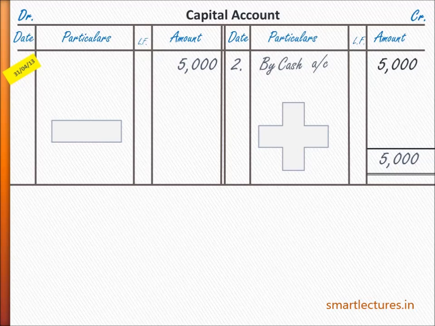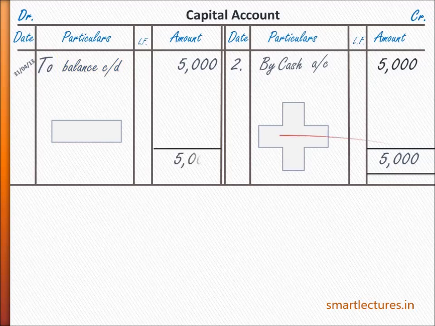The closing balance is supplied always at the time of closing. Basically, we are closing the ledgers. So on the debit side, I mean to say on the left hand side, to balance c/d rupees 5000, and the total on both sides rupees 5000. Be careful. Whenever we write down the total, you should use a double horizontal line. Means this is the closing.